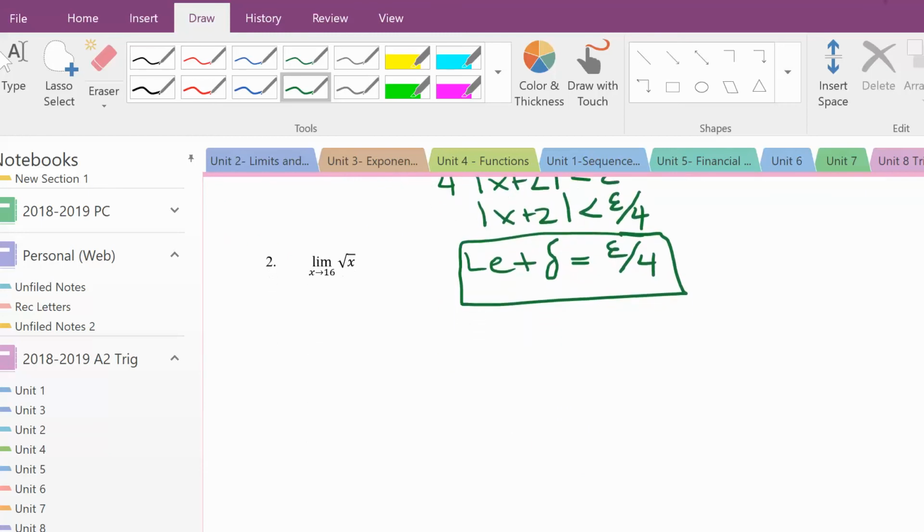All right, so let's try again here. Here we have the limit as x approaches 16 of the square root of x. The first thing, if we take the square root of 16, we get 4. So that's our limit. Now writing our inequalities.